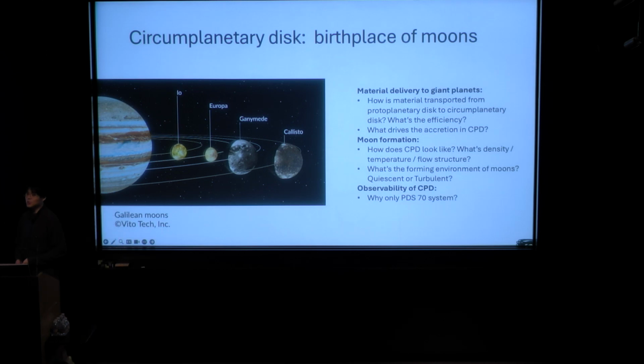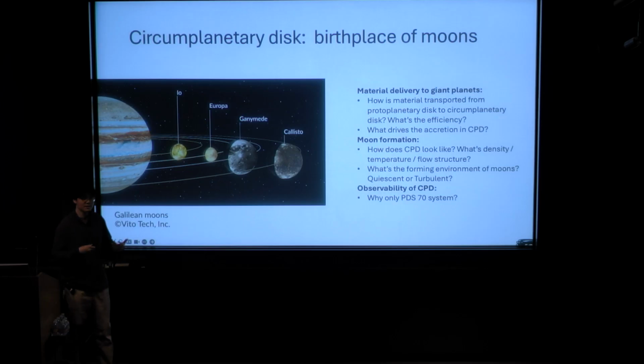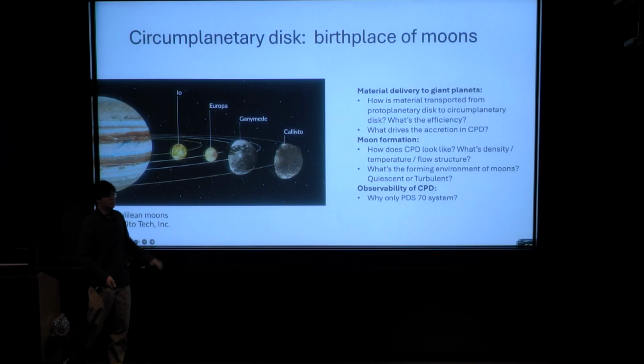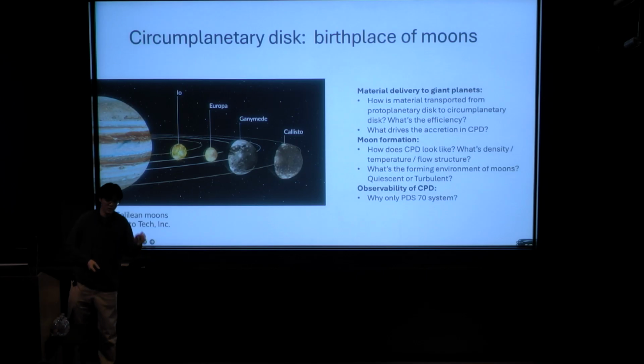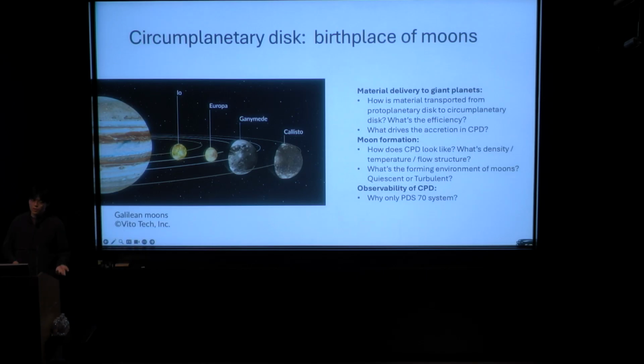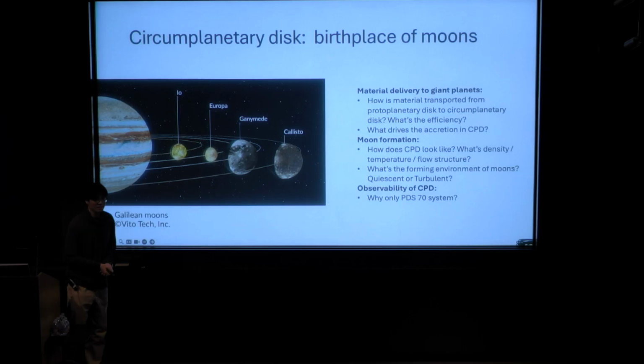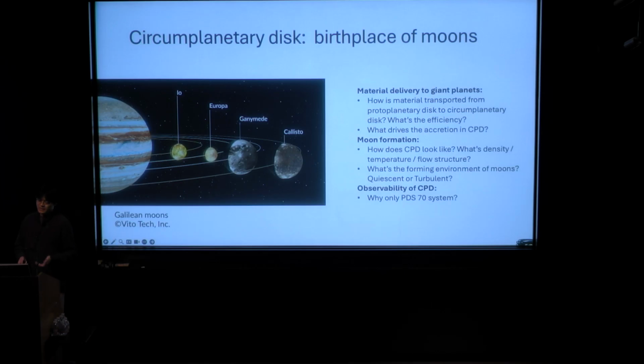People think that strongly suggests these moons formed in a disk-like environment rather than through random collision. Last but not least, although we see many rings and gaps from ALMA, PDS-70 is the only system where we unambiguously confirm forming giants. So why only PDS-70?